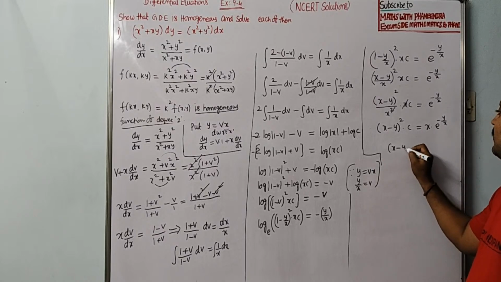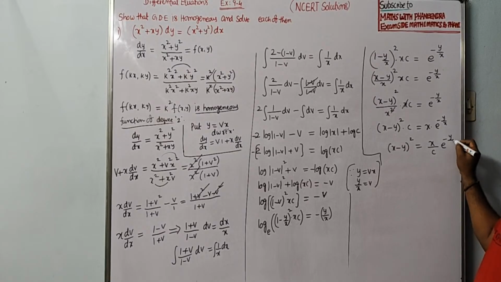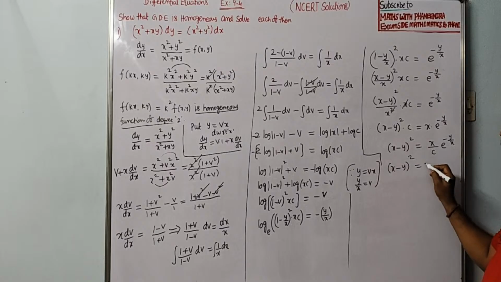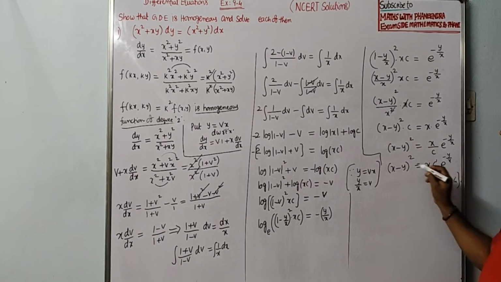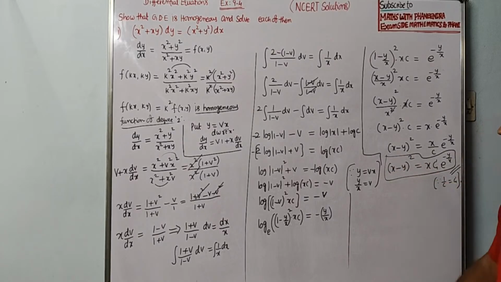So (x minus y) whole square equal to x by c into e power minus y by x. (x minus y) whole square equal to x into capital C e power minus y by x, since we are taking 1 by c as capital C. This is the required solution to the given differential equation, dear students. I hope you understand. We'll move on to another set of questions.